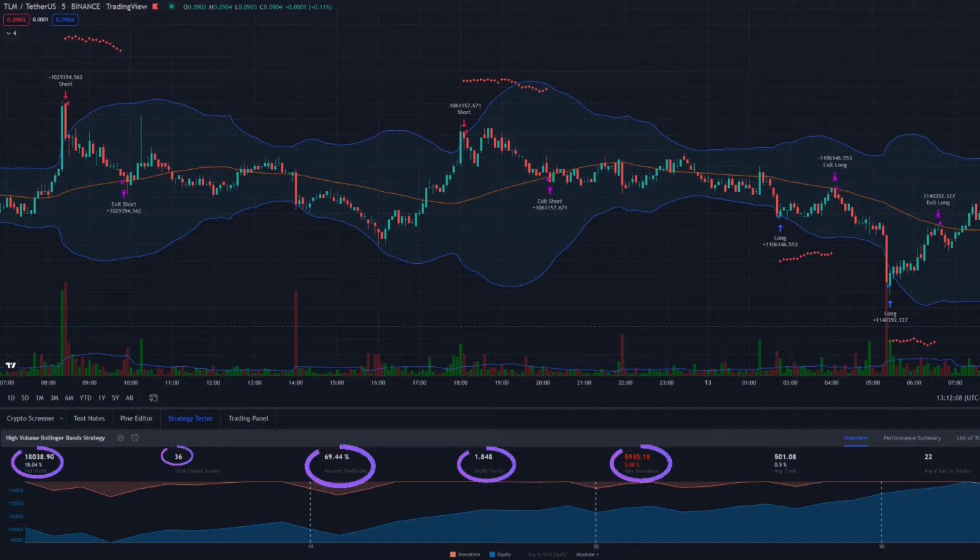As you can see, it did 18% on 36 trades with a 69.4% win rate and only a max drawdown of 5.8%. This was only on one instrument, that was Australian versus USDT on a 5-minute chart.